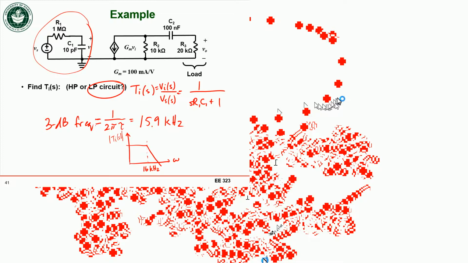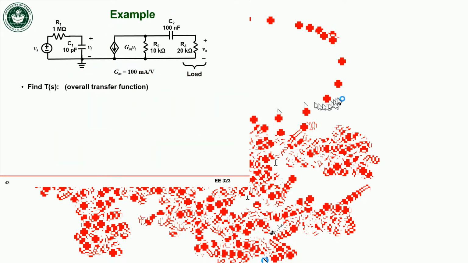Okay, so we looked at it in parts though. Let's describe the overall transfer function. So I'm going to call that just T of S. And so that would be the input transfer function multiplied by the output transfer function.